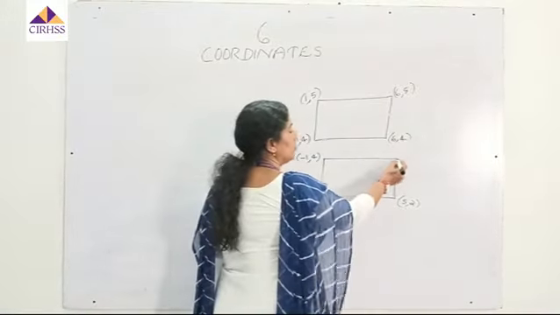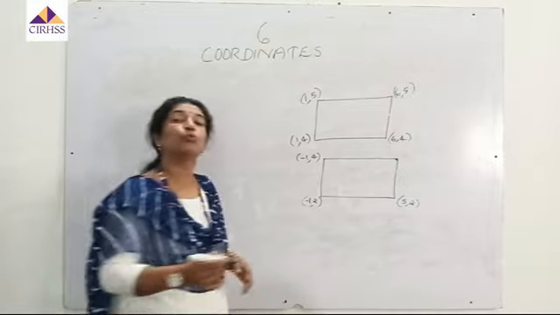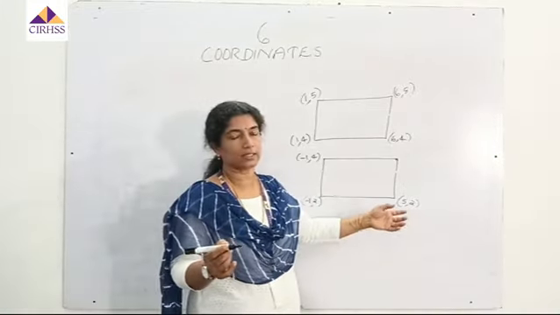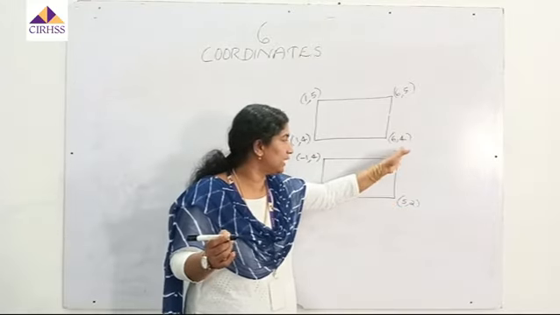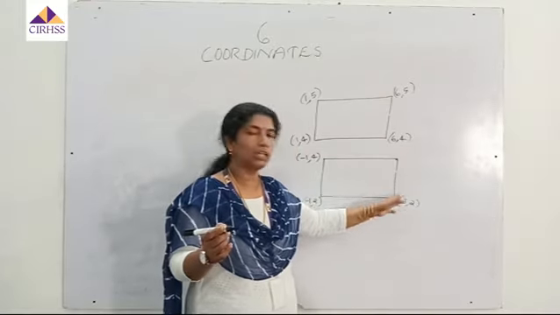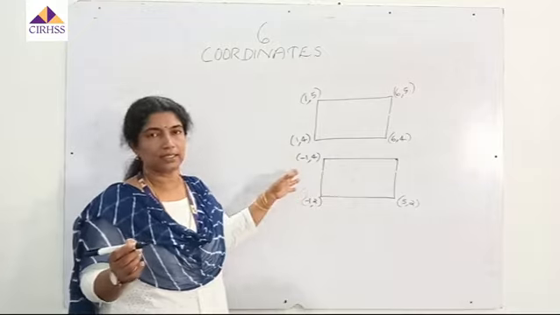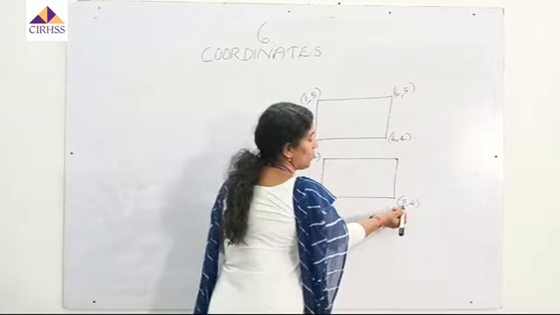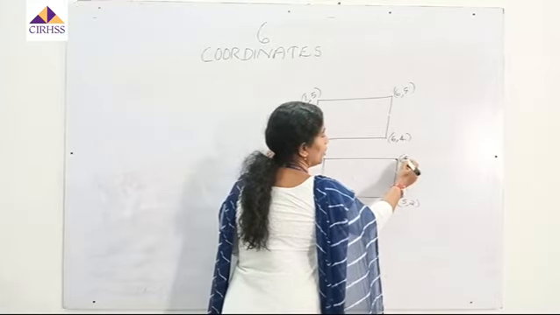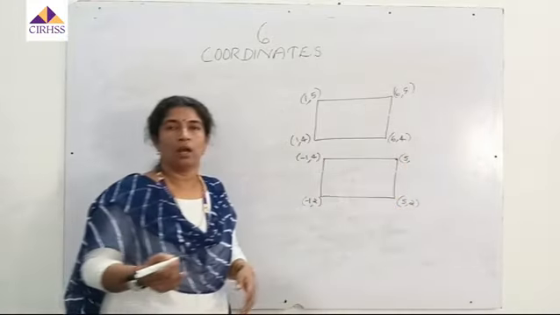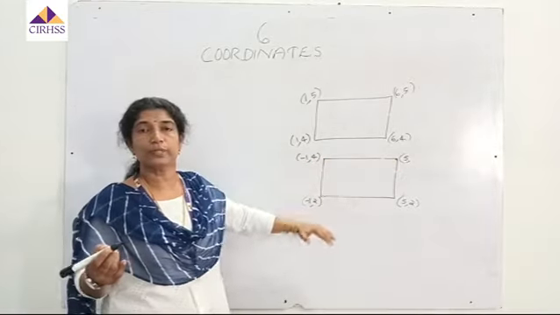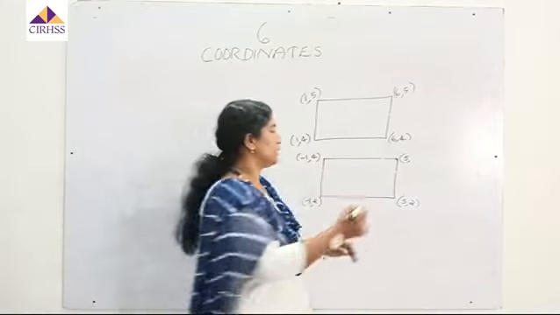Then next, we have to find the fourth vertex. How to find the fourth vertex? First, we take this line. It is parallel to the y-axis, so the x coordinates are the same. Here the x coordinate is 5. Next, this line is parallel to the x-axis, so the y coordinates are the same.